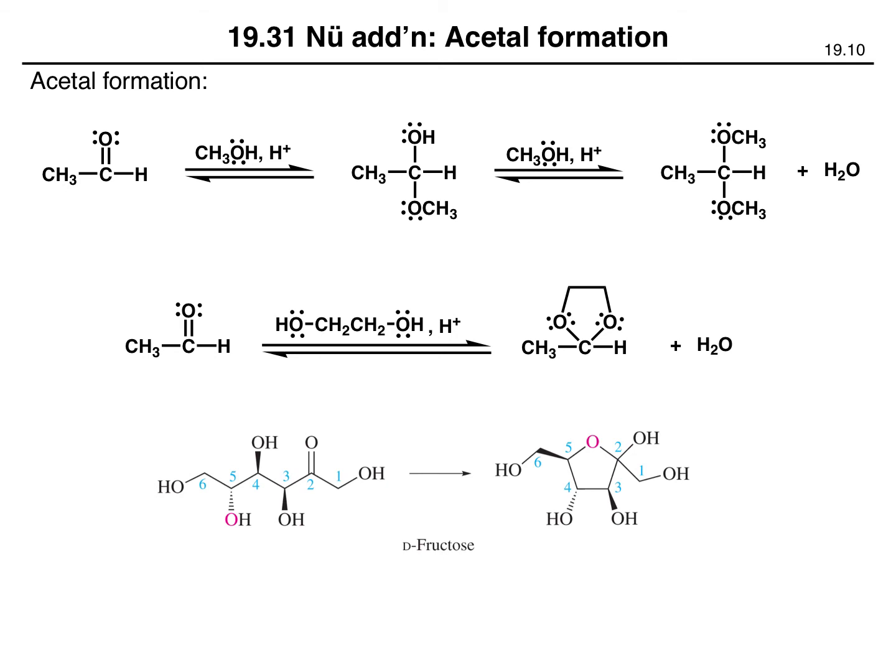The next category of nucleophilic addition is acetal formation. For this reaction, we are using an aldehyde or ketone. This can be treated with an alcohol, typically in the presence of H+, to form what's called a hemiacetal. Hemi, think hemisphere. This is half of an acetal.